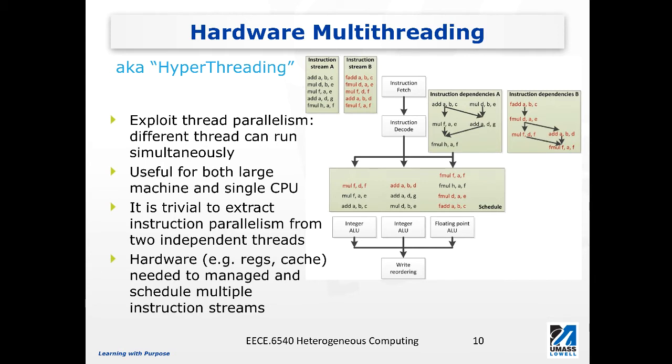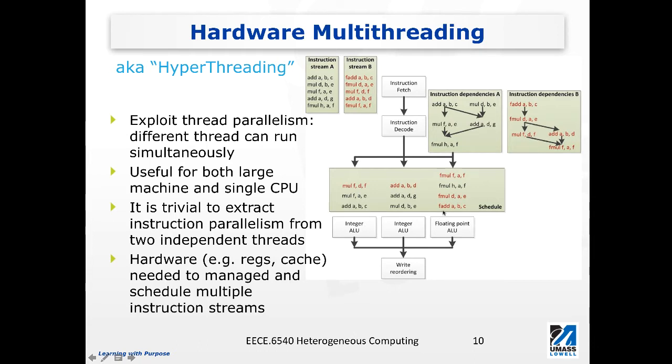As a result, to schedule these 10 instructions from two independent streams, we now have a schedule like this. In the very first batch, we have two instructions that are coming from stream A, and these two instructions are independent. That's why they can be executed at the same time on two different integer ALU units.